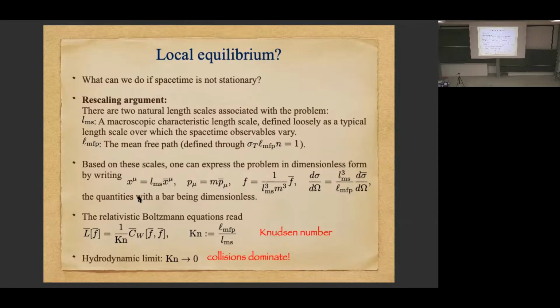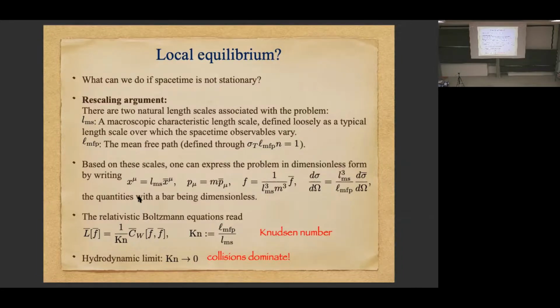So what do we do if the space-time is not stationary? Then people talk about local equilibrium, and I think here there's still a lot of work to do, but basically the intuition is the following one. You make a rescaling argument, and it goes more or less like this.